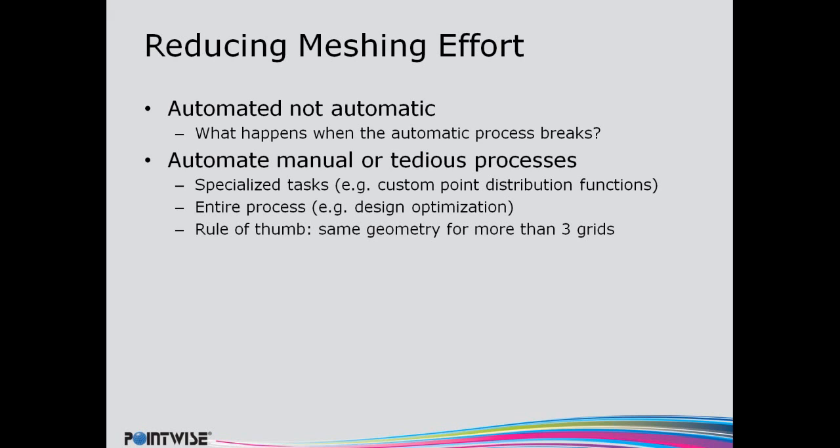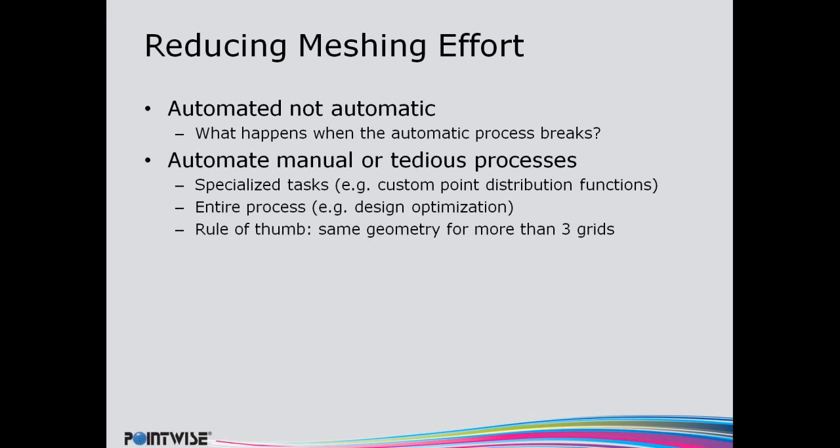So what we try to do is give the user lots of useful tools, and then provide methods for automating those useful tools. What we're trying to automate is manual, tedious processes in the mesh generation step. We can think of that on two ends of the spectrum. We can think about specialized tasks. A very simple one is maybe you have your own custom point distribution function you want to use that's not available in the Pointwise GUI.